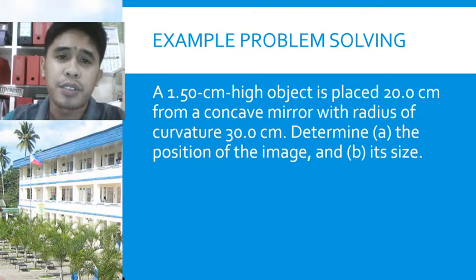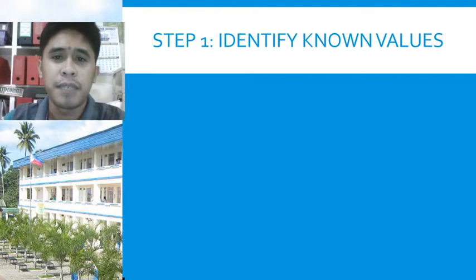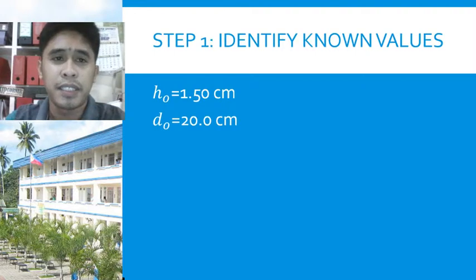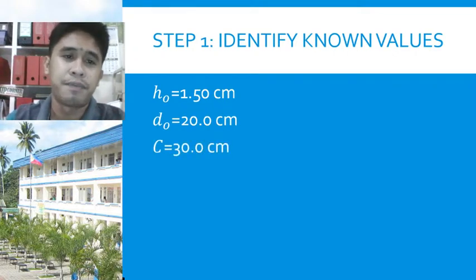In order for us to solve this problem, we need to follow the conventional way of solving mathematical problems. The first thing to do is to determine what variables are known or given. From the problem, we have three known values, which are h sub O equals 1.50 centimeters, d sub O equals 20.0 centimeters, and radius of curvature equals 30.0 centimeters.